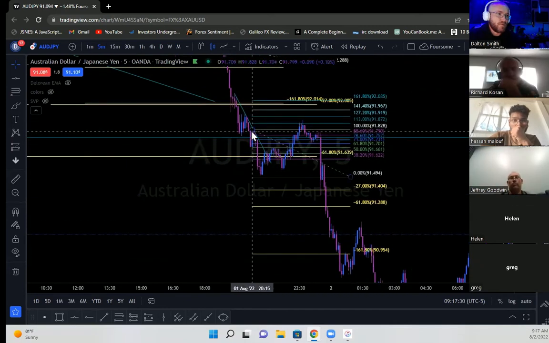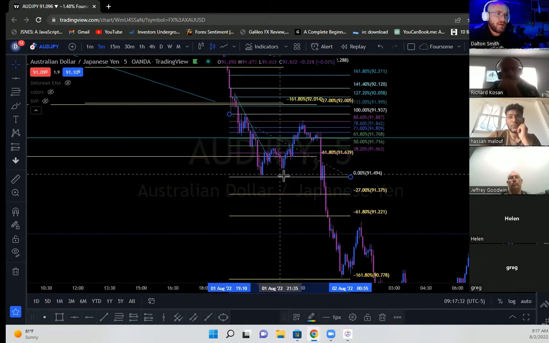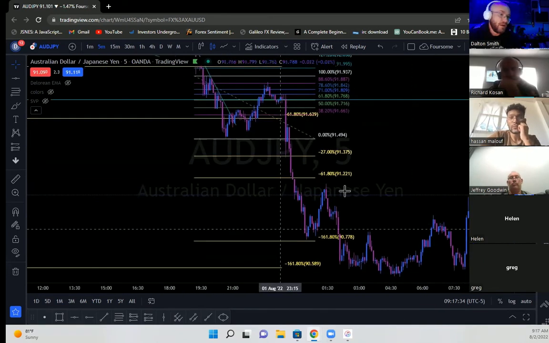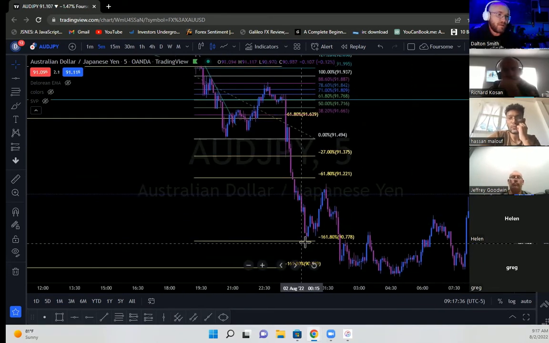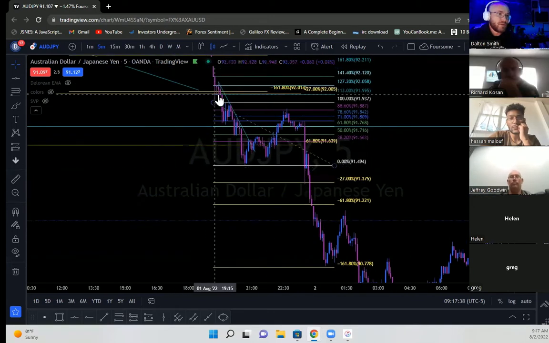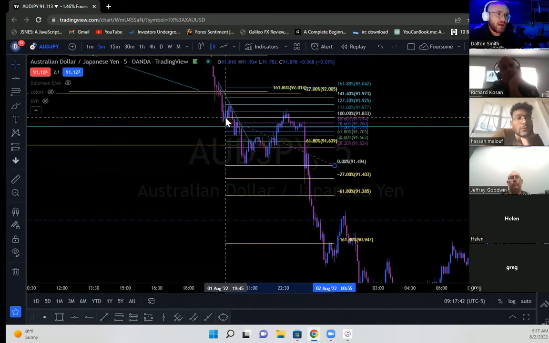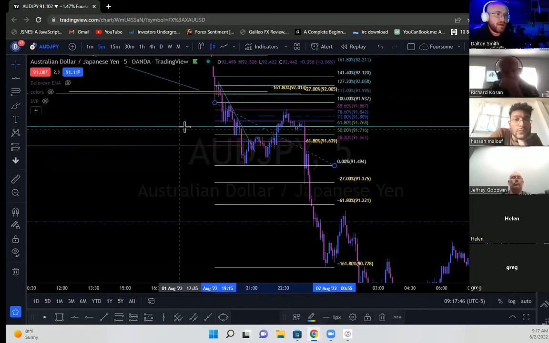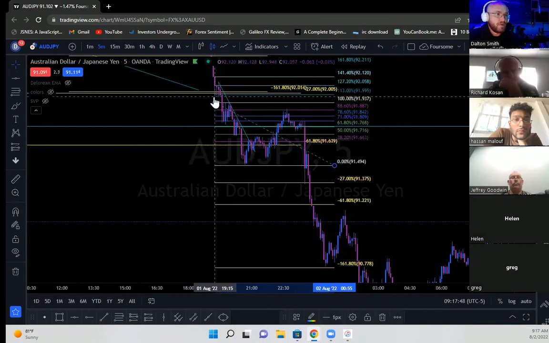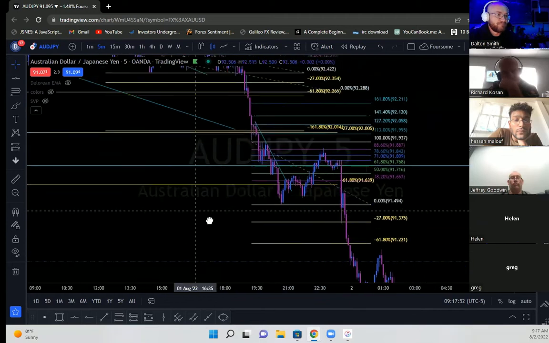I guess we would have just moved this up to right here and continued on. But anyways, it worked out. Oh yeah, there it is. Look how it hit the 161 perfectly. So I was just on the wrong high. This was the high I had it on, but the high it wanted was here, and then it moved on down to the 161.